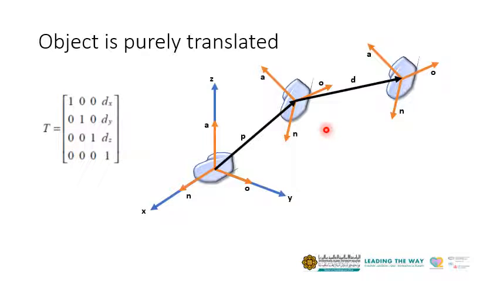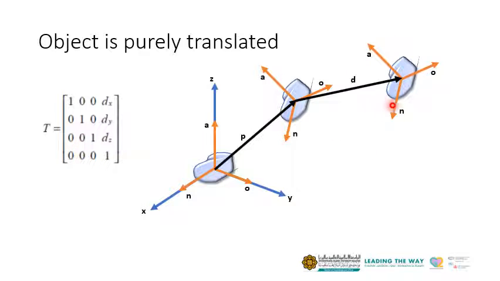This dx, dy, dz represents this vector. And because the new NOA is the same as the previous NOA, it is basically an identity matrix.